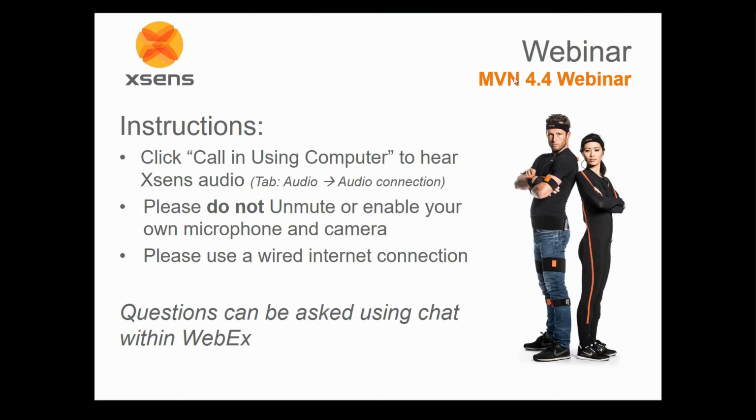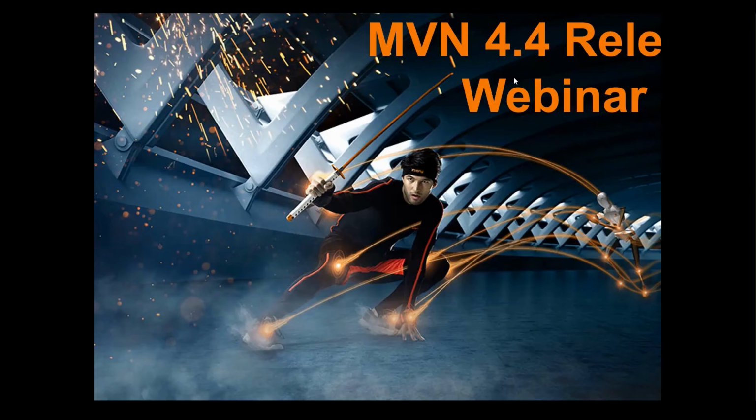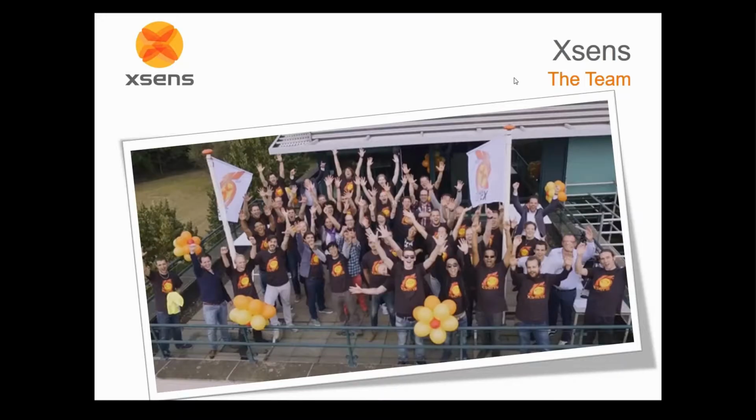We had two major releases, but first we're going to go into a brief introduction of what this webinar is and who Xsens is. Xsens is a motion tracking company. In this segment, we're going to be focusing on the body motion tracking systems.